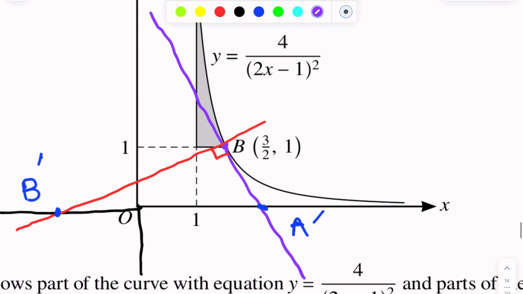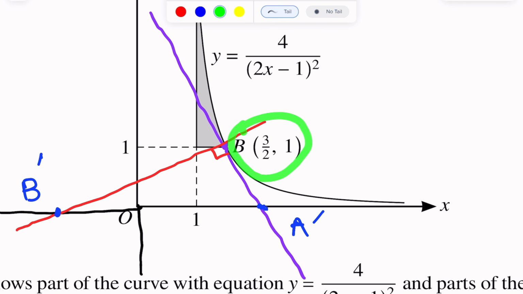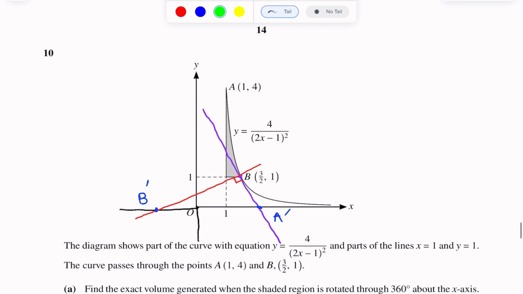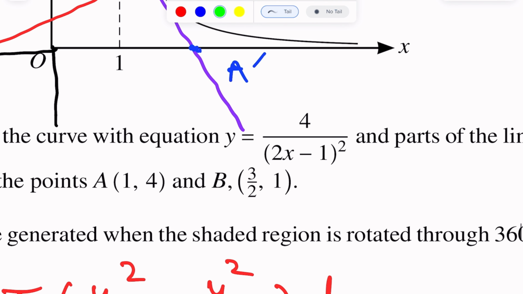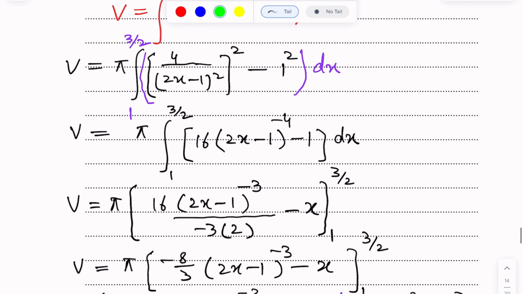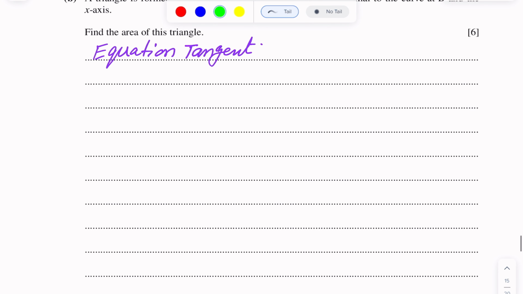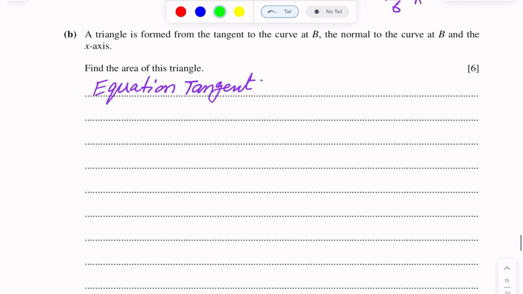It is very clear that the point is given because the tangent is at this point B. The point is given, but we have to find the gradient. To find the gradient, we will differentiate the equation of the curve.